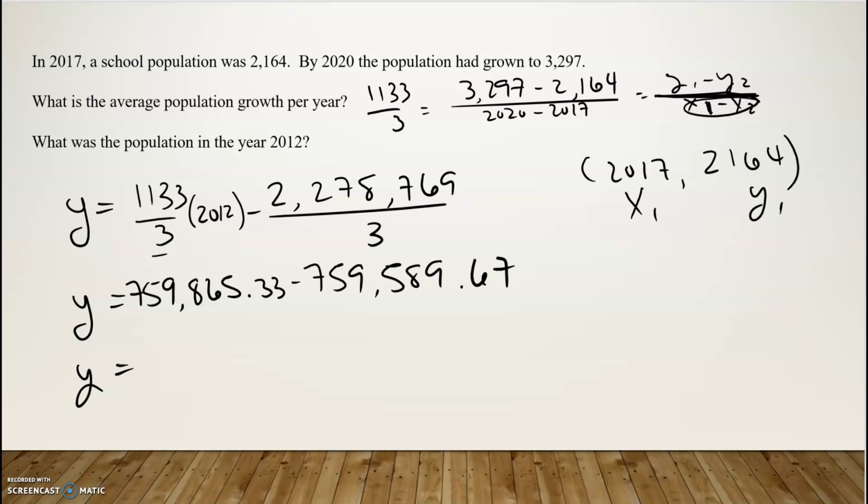Okay, now I'm going to subtract those two numbers, and I get 275.66. Since we're talking about population, I can't have 0.66 of a person, so we'll just round up to 276. So in 2012, 276 people were attending that school.